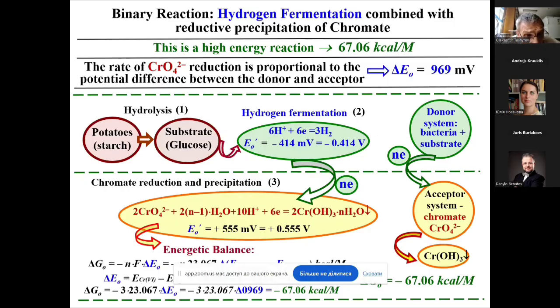And it is obvious that in this system the microbiome of anaerobic microorganisms is used as a donor system and chromium 6 compounds as a high potential acceptor system. The energy yield of these two combined reactions is very high, close to minus 70 kilojoule per mole.